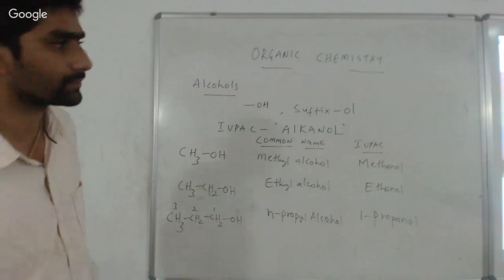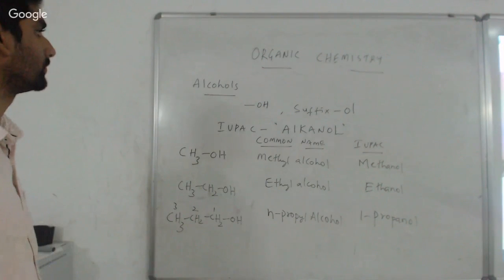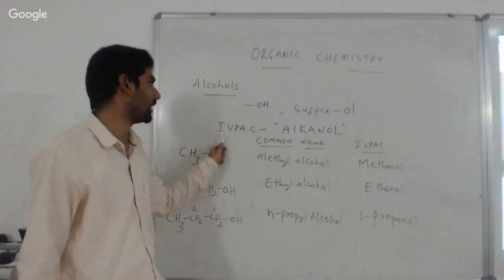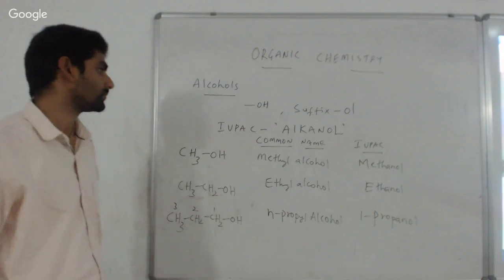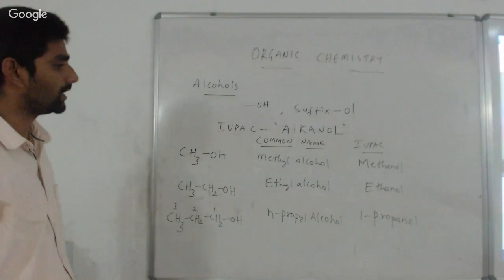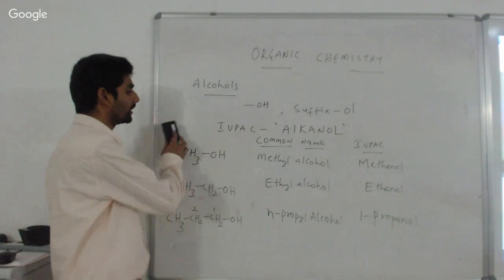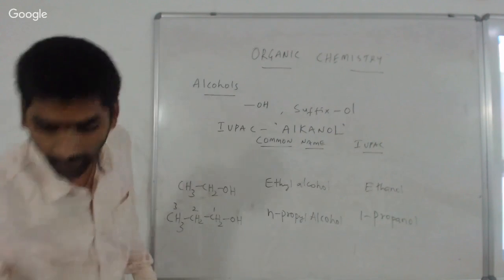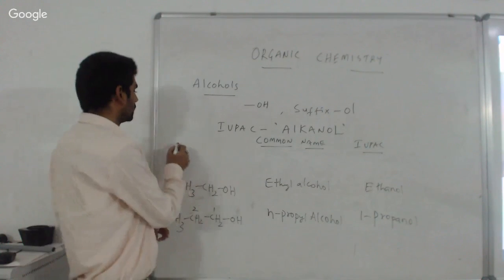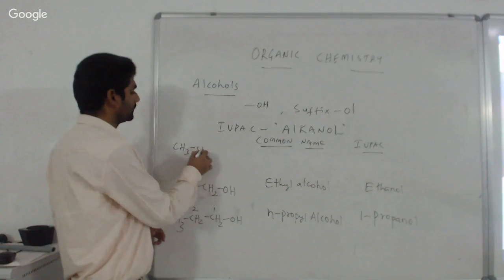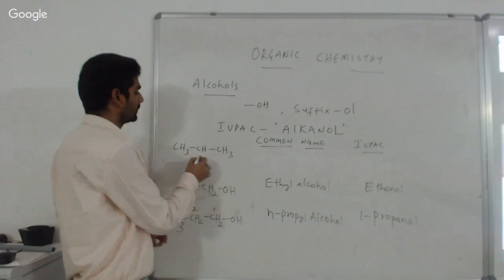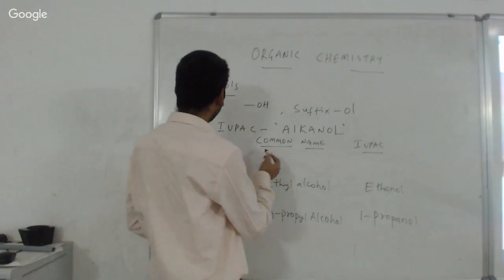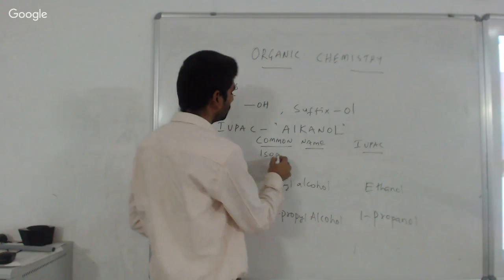The alcohol's functional group is OH, suffix ol, IUPAC name is alkanol. Methyl alcohol, methanol; ethyl alcohol, ethanol; and propyl alcohol. Next, the common name for this is isopropyl alcohol.